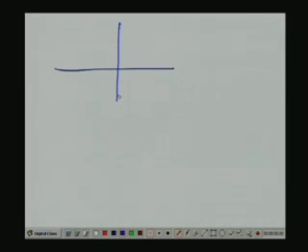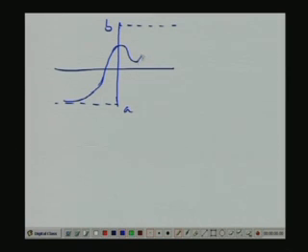Then, in fact, this is a new page, so I have to redraw the figure again, so I do it quickly. Now, suppose I take a value here y 1 and the corresponding value here is x 1.